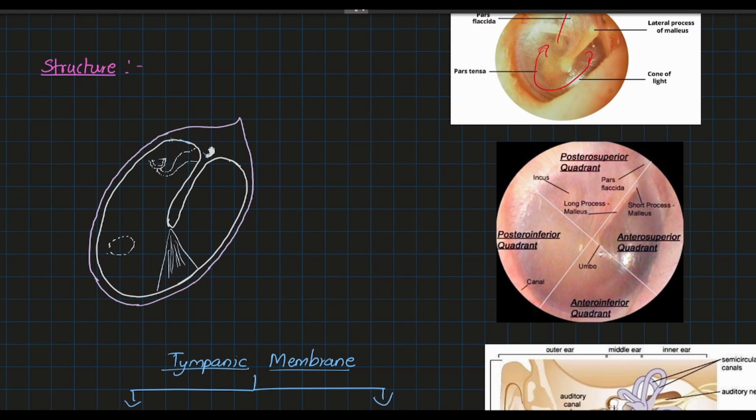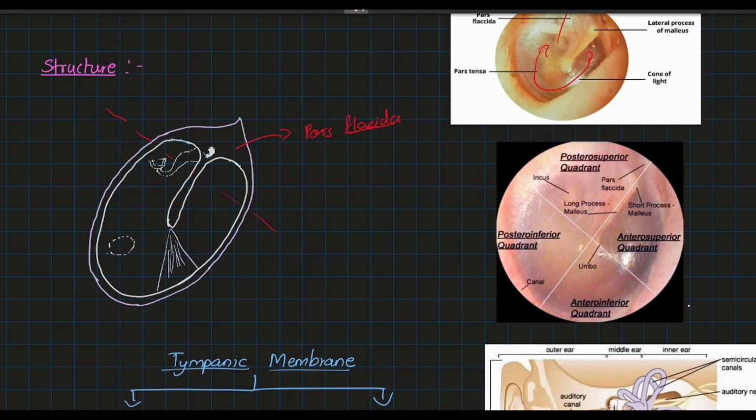You can see the real image here, as well as this pictorial image that I have drawn. Considering the real image, first we will understand what the structures are in the pictorial representation. As I mark here, this part is called pars flaccida.